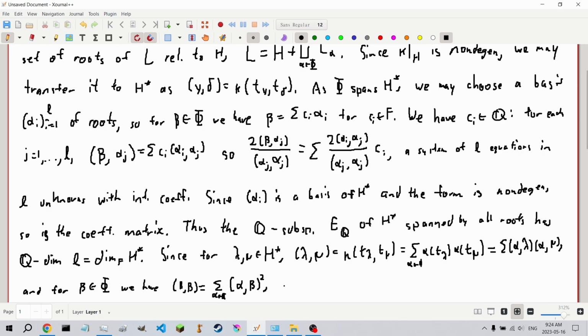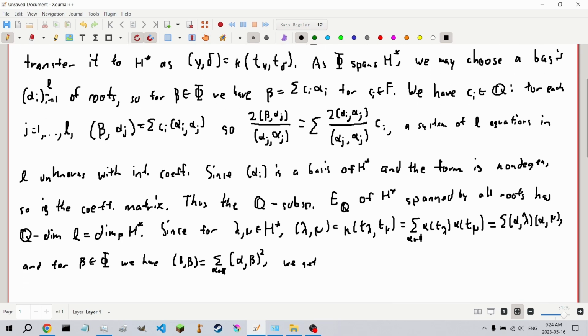So we can divide by beta squared. We get 1 over the form of beta with itself is equal to the sum over the roots alpha of the form of alpha with beta over beta with itself, and both of these are squared, which is rational because we have seen that 2 times the form of alpha with beta over beta with beta is an integer.